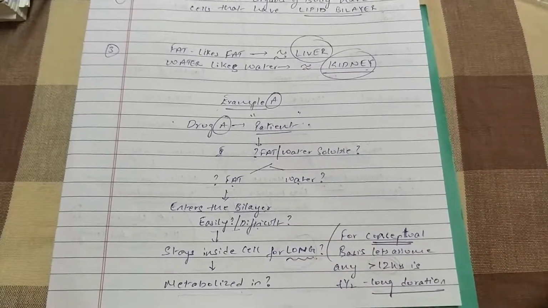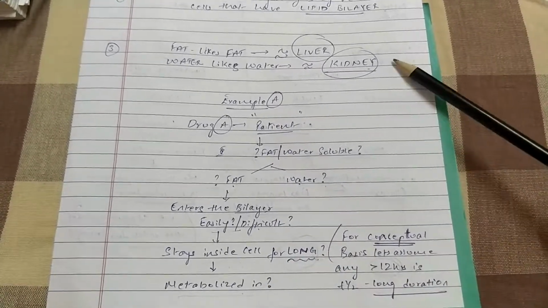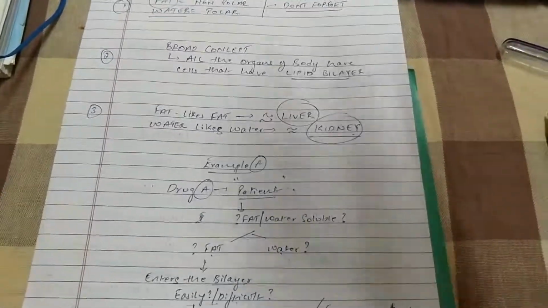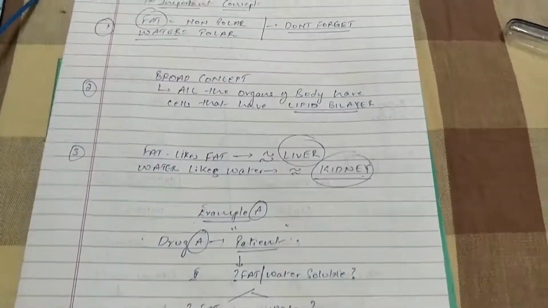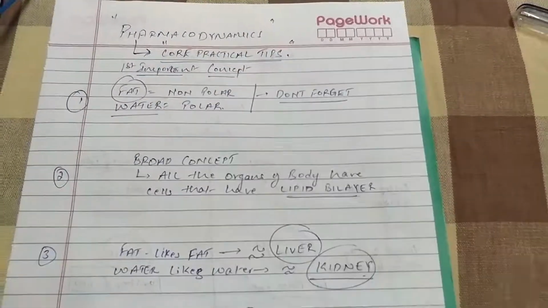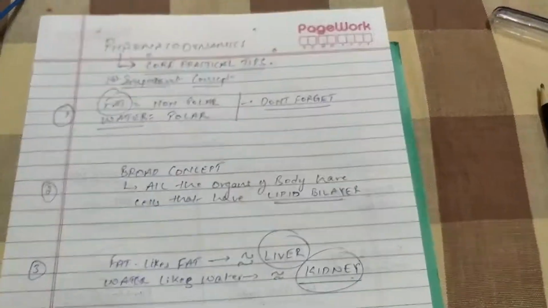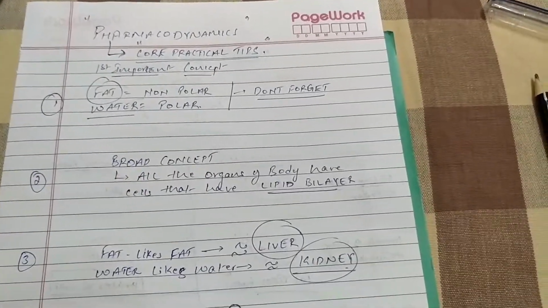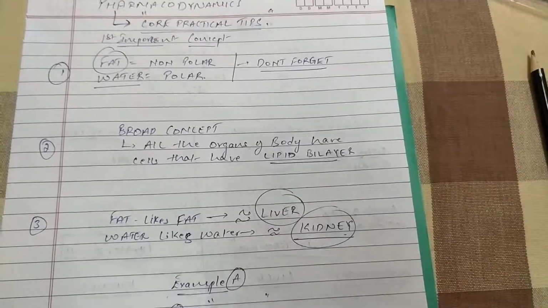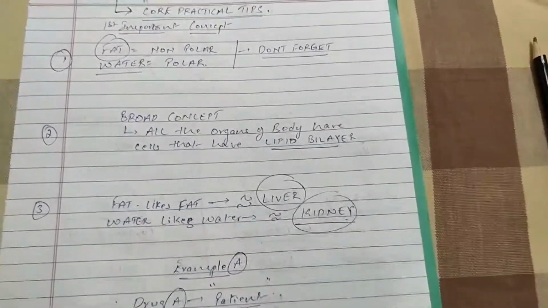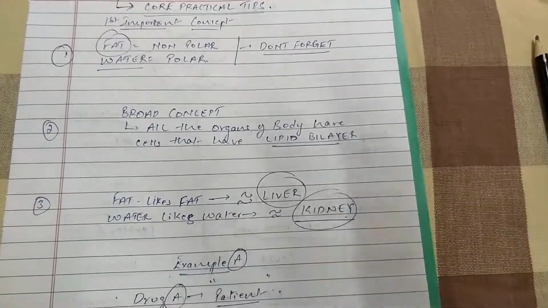They quickly come out of the cell and get metabolized in the kidney. So always do not forget these three core concepts. Fat is non-polar, water is polar. All the organs of the body have cells that have a lipid bilayer, and fat likes fat, water likes water. Fat and water don't mix. Fat gets metabolized in the liver, water gets metabolized in the kidney.